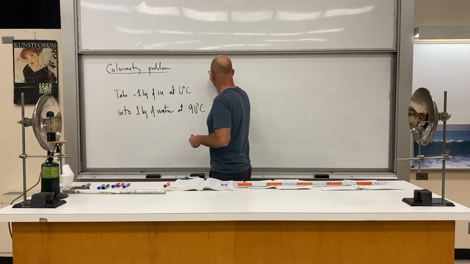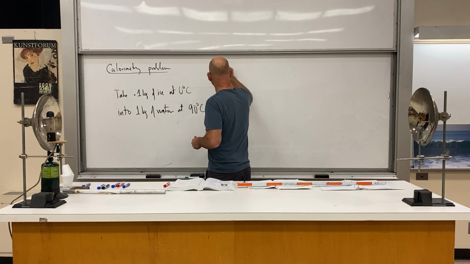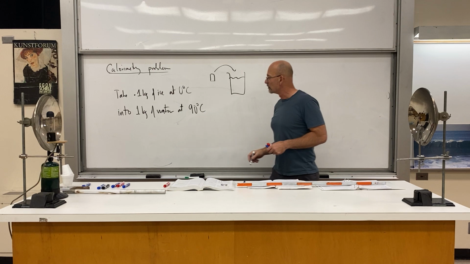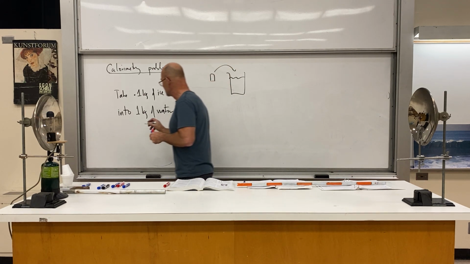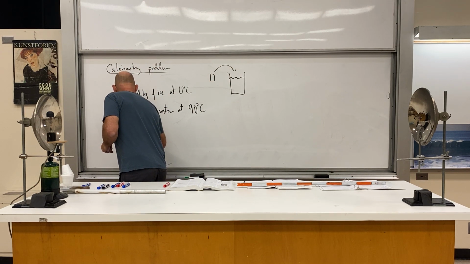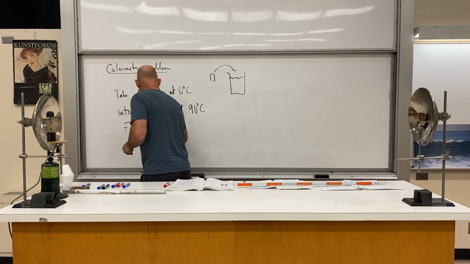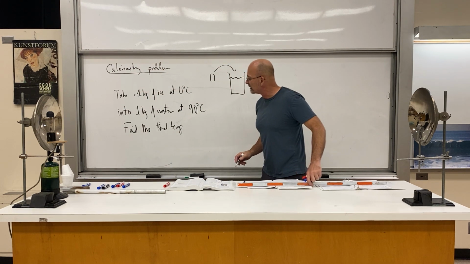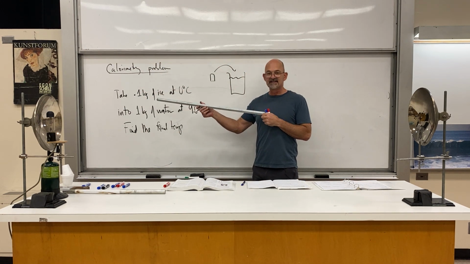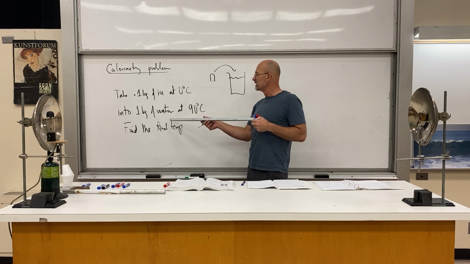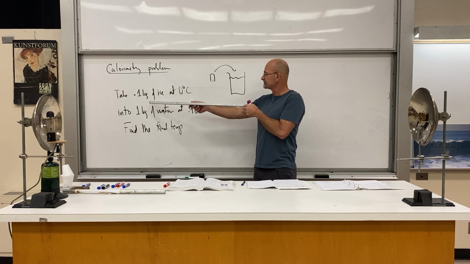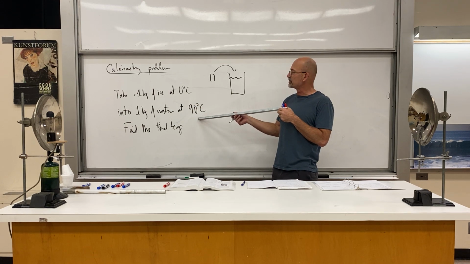So here's our picture. Here's our ice. We're going to drop it into the bucket of water. Okay. We want to find the final temperature. Now, in a problem like this, you actually have to figure out whether all of the ice is even going to melt. Okay. But I chose a small enough quantity of ice that I'm sure it'll all melt. Okay. And a high enough initial temperature of the water.